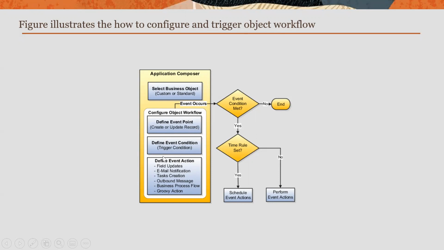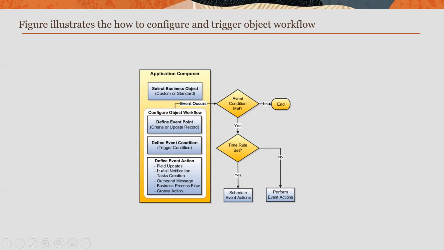And we'll define the condition here for when to trigger this workflow. We can give a groovy expression, like the if-else condition we gave, to specify at what condition the workflow should trigger, and then we'll specify the event action.